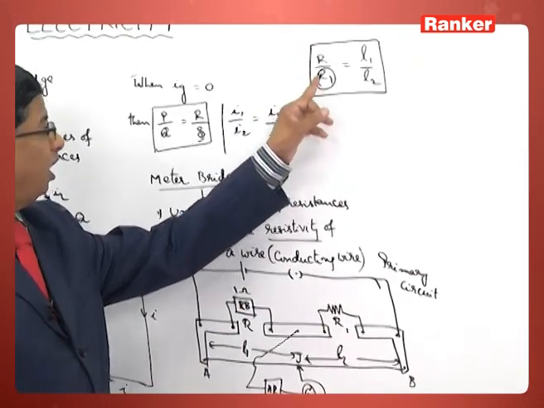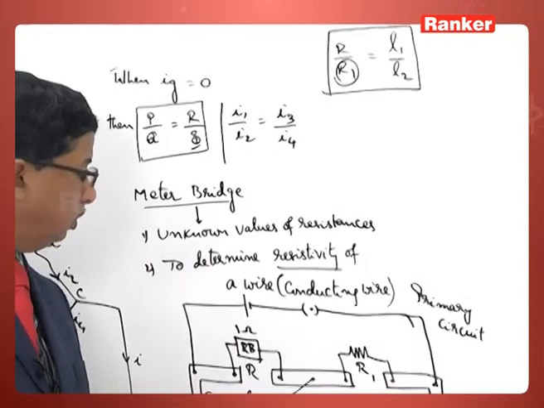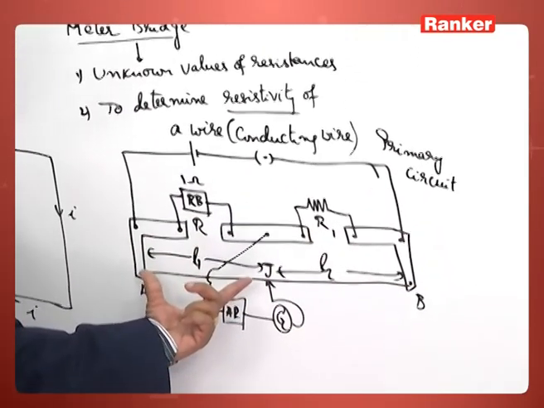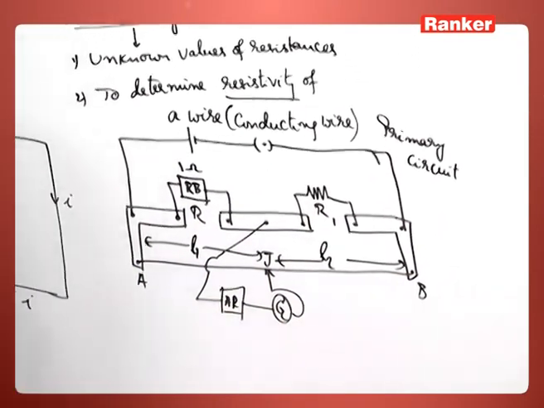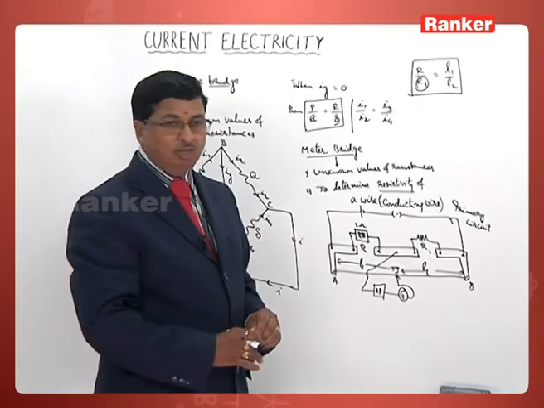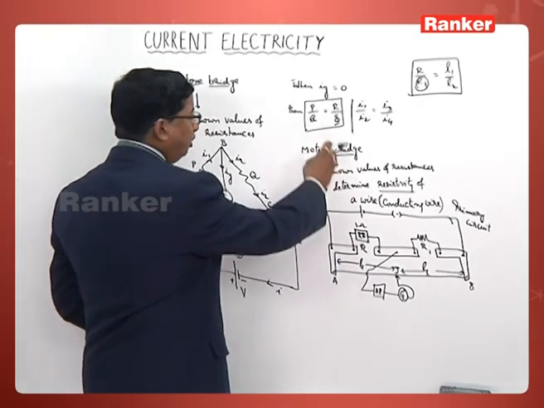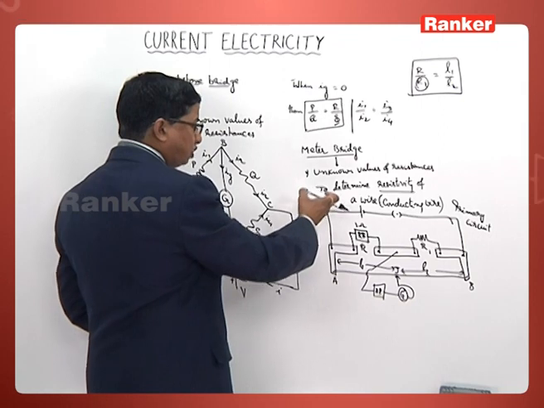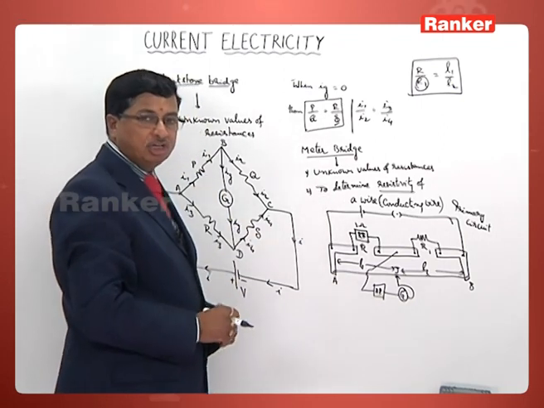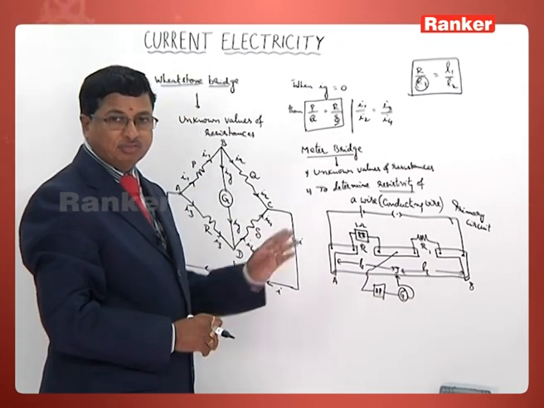Therefore, we can say R by R1 is equal to L1 by L2, where L1 is the balancing length in the meter bridge. So this is one more application of the Wheatstone bridge in the form of the meter bridge, which you people have to remember. So this is one.